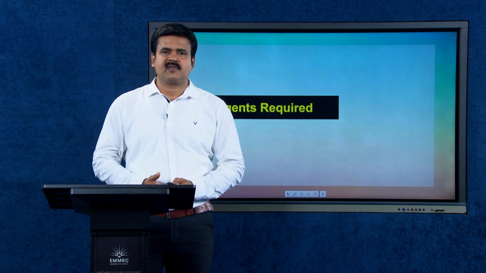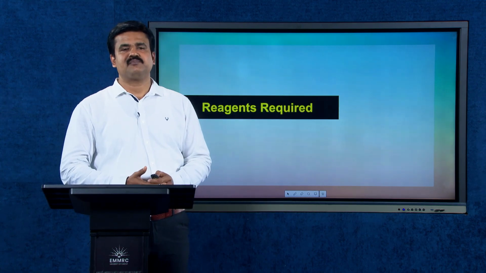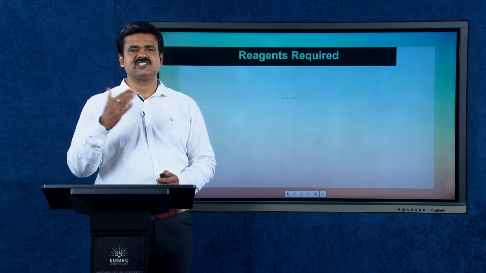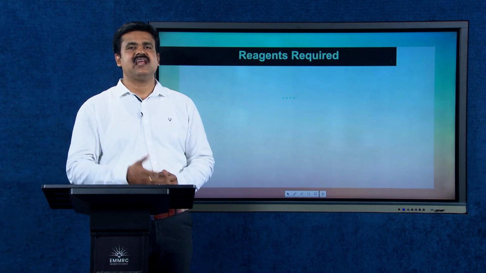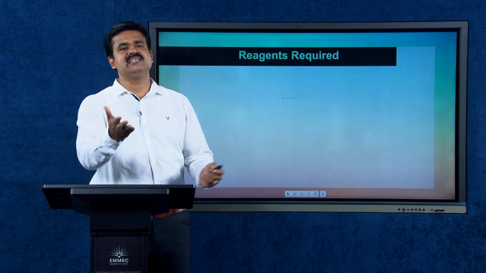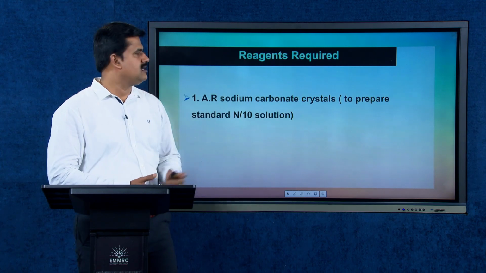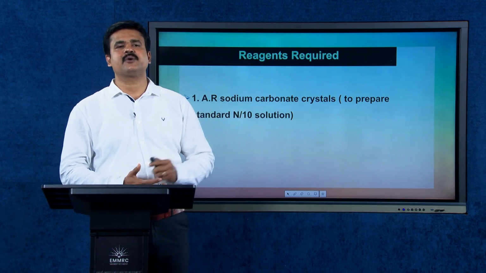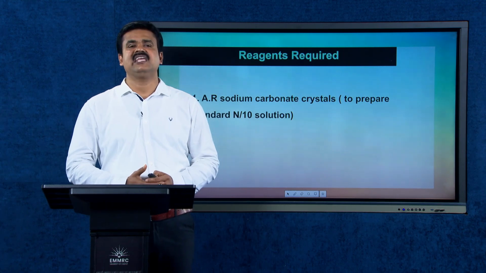Now, reagents required for the present experiment. We are discussing the titration between strong acid HCl and weak base sodium carbonate. These are the reagents required. Number 1, anhydrous sodium carbonate crystals, required to prepare a standard N/10 solution.